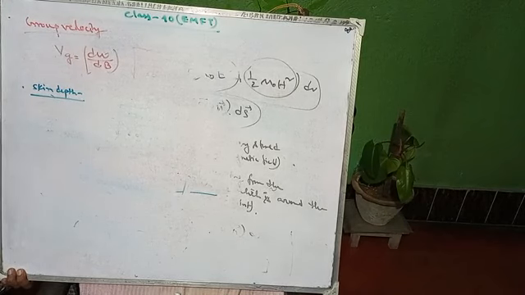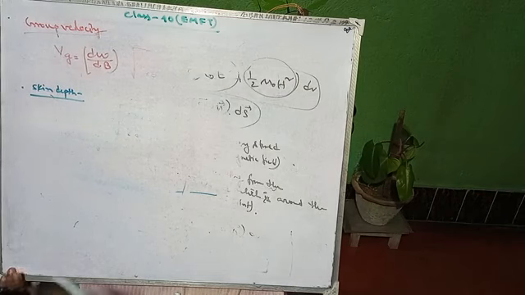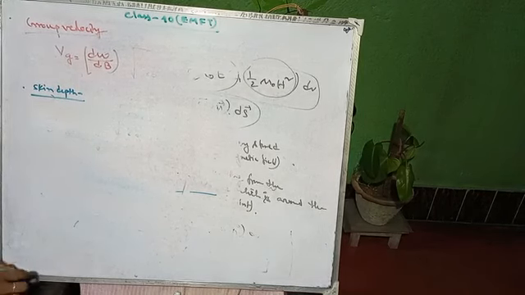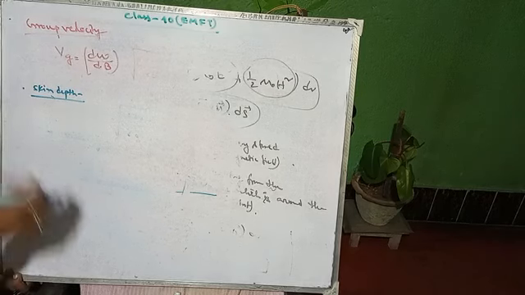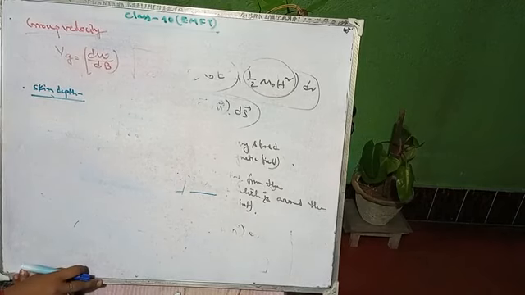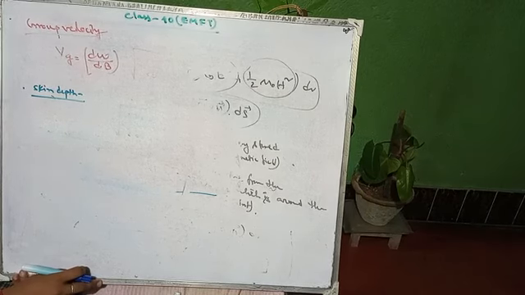It is defined as the depth at which the magnitude of the wave is attenuated to 37% of its original value.